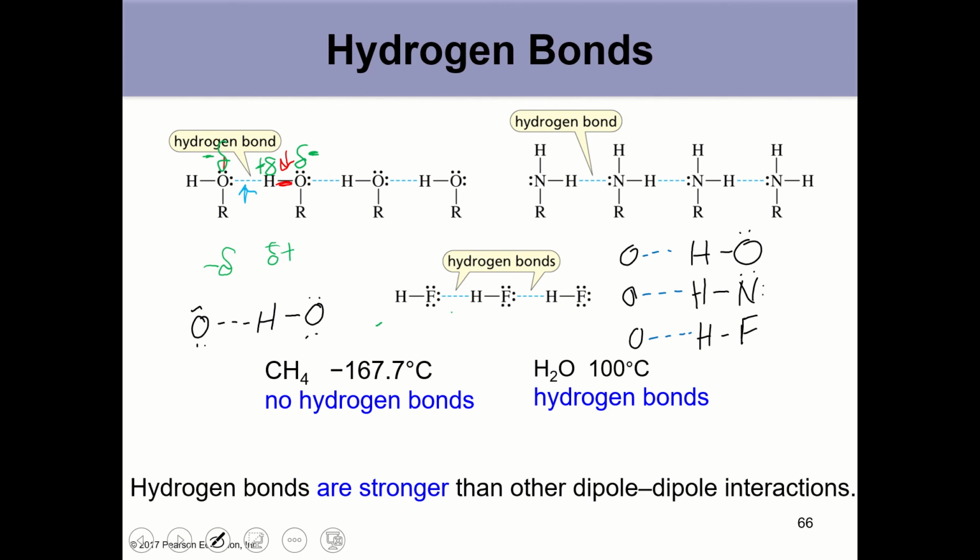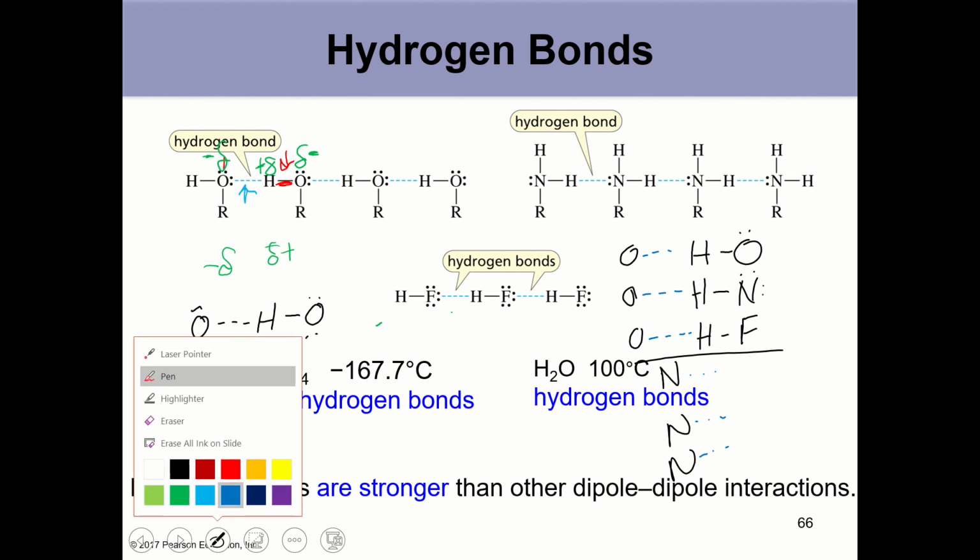And then for this, we have several other possibilities. So repeat the same table, but instead of oxygen on the left hand of the hydrogen bond, do the same thing with nitrogen. So N dash dash dash. And then fill in the same things in the right-hand side.